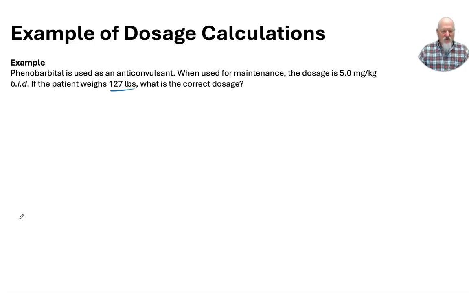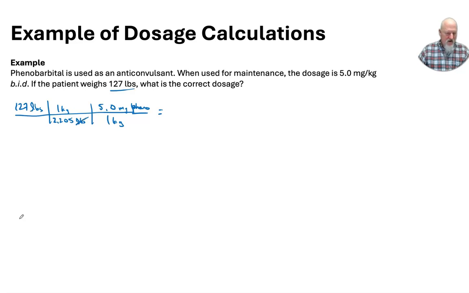So we got 127 pounds. We need to convert that to kilograms first. 127 pounds. Doing our conversion. 1 kilogram is 2.205 pounds. And then we know we got to do 5.0 milligrams of, I'm going to write pheno, per 1 kilogram of human.